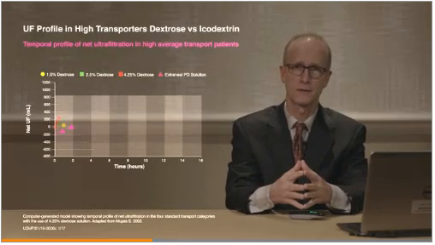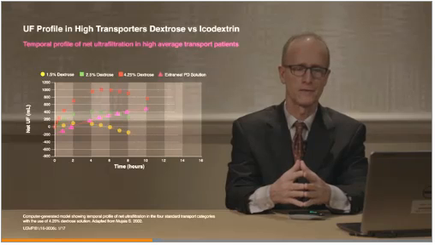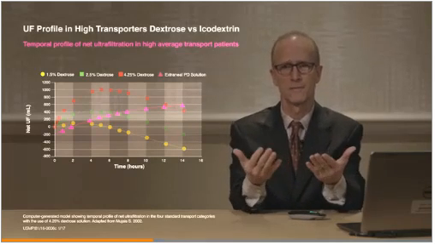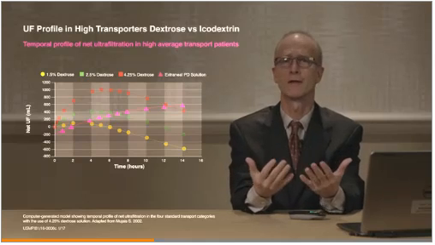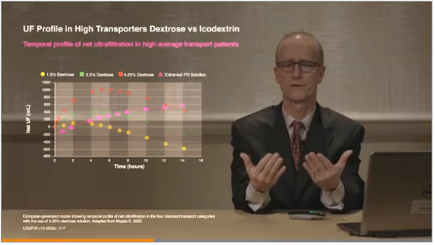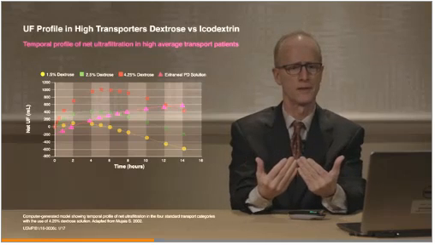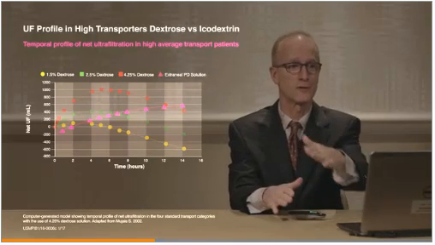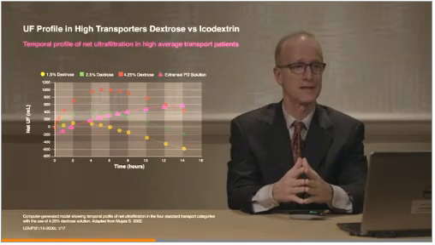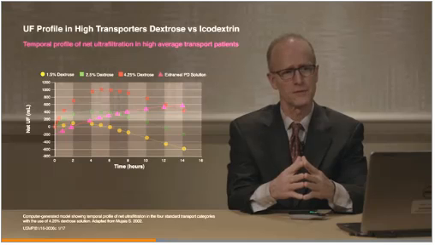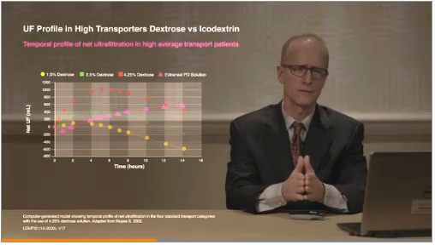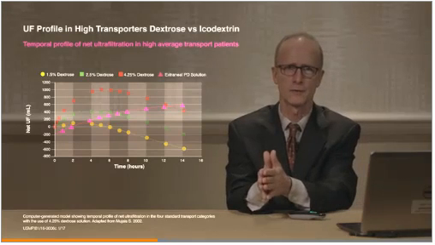Superimpose the Extraneal curve. Extraneal is a colloid. It sits in the peritoneal cavity and attracts fluid toward it. It's only absorbed in a very linear fashion, so you get a very consistent ultrafiltration. Some people would refer to that as the constant tortoise and the hare, but it's a constant ultrafiltration that you see profiled in that particular slide. The other issue with icodextrin is it works across categories.